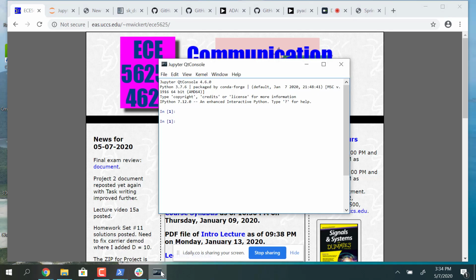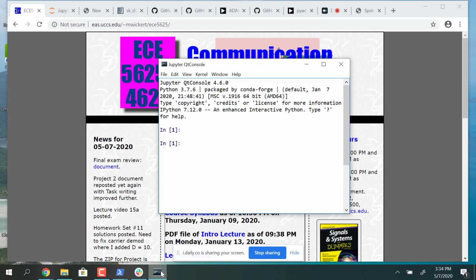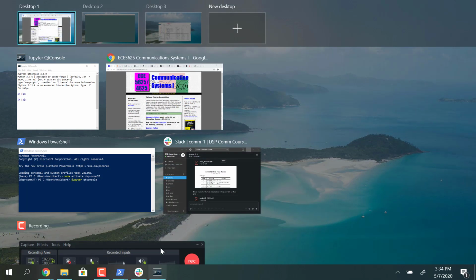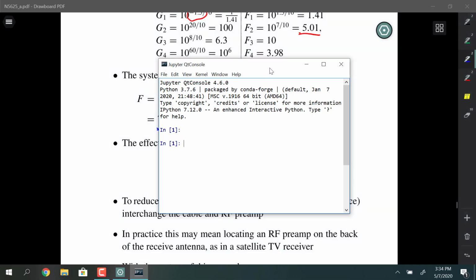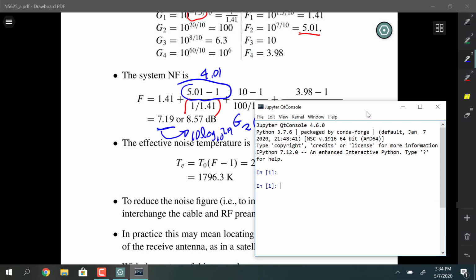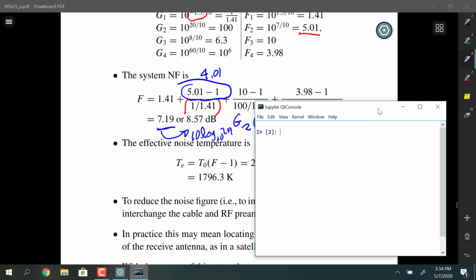And I'm going to do Control-Shift+ to make the fonts plenty big. And then I'm going to move that over to my second desktop. So it's sitting over here. And then I'm going to run PyLab, so I get NumPy and plotting installed. That ought to be pretty good for our purposes right now.